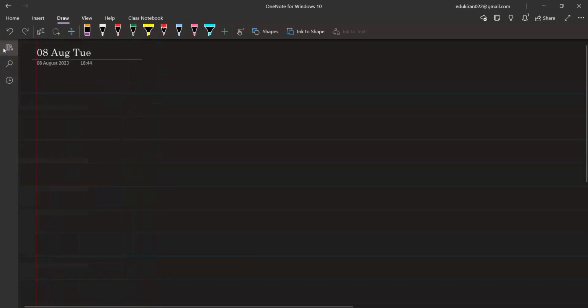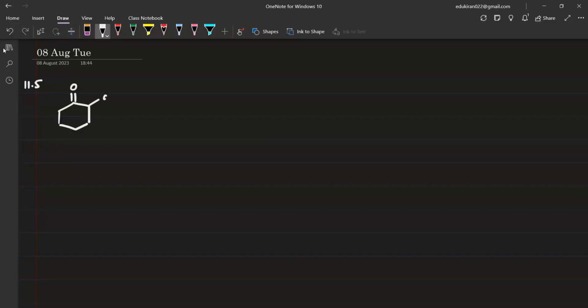Okay. So the first question is in-text question 11.5. A double bond here, attached with CH2, bonded with C double bond O, which is further bonded with OCH3. And we are using the reagent NaBH4.